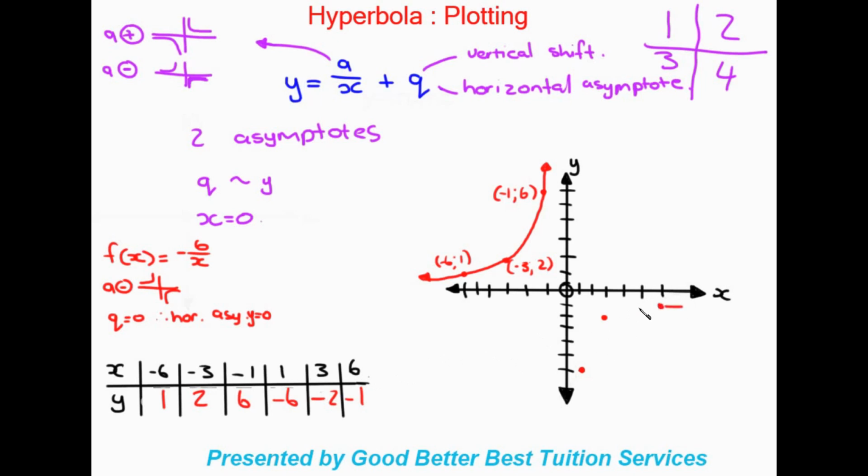Once again we'll go through all of those points, staying away from the axes, because we know that those are our asymptotes, and remember, we do not touch or cross over those asymptotes. We have 1 and -6, 3 and -2, and lastly 6 and -1. So just like that, we've plotted our hyperbola.